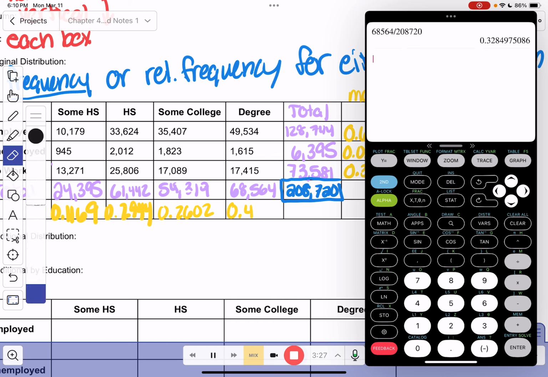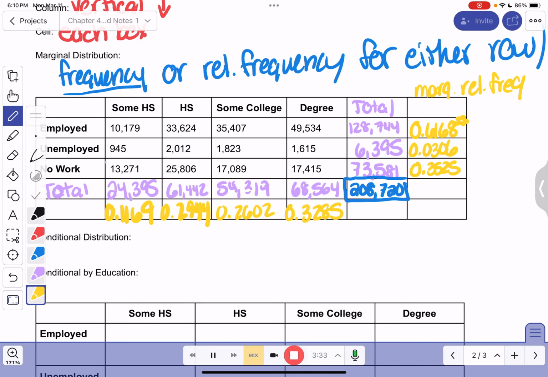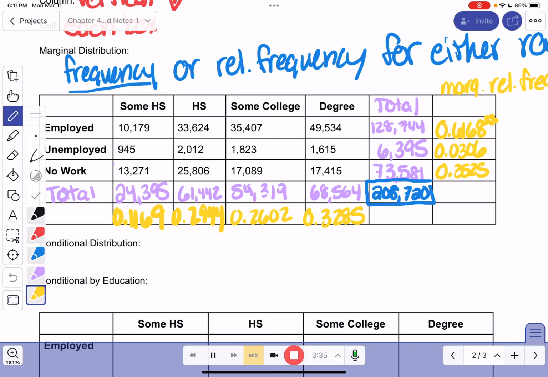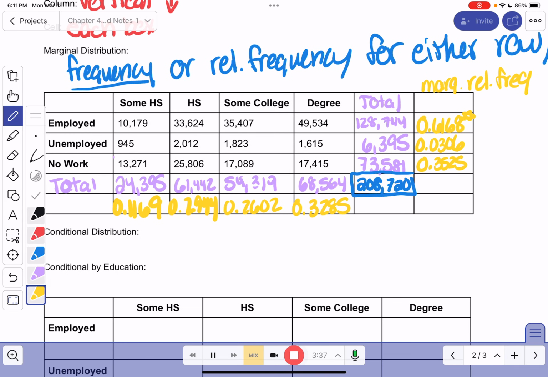That makes much more sense. 0.3285. So the purple is our marginal distribution. The yellow is the marginal relative frequency distribution. It's just the percents instead of the totals.